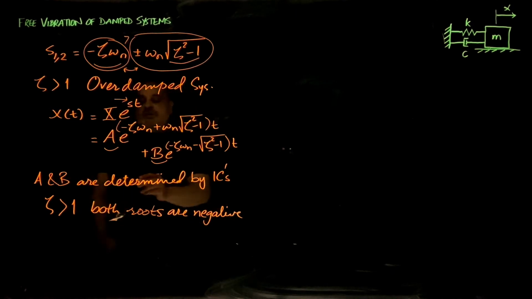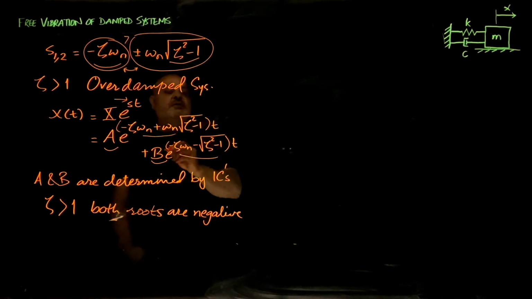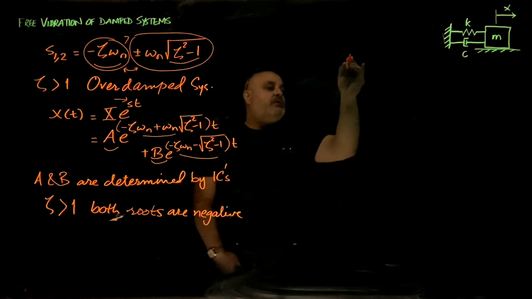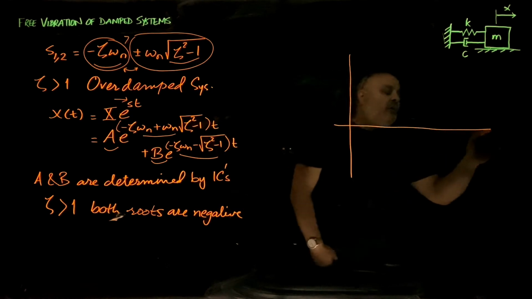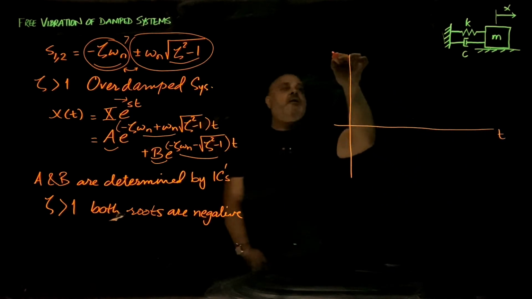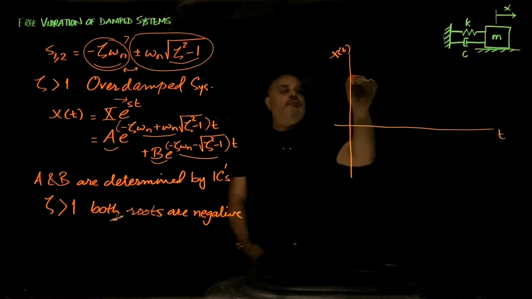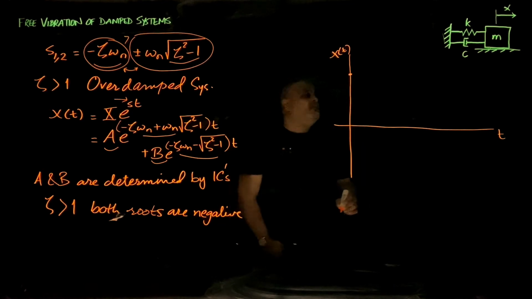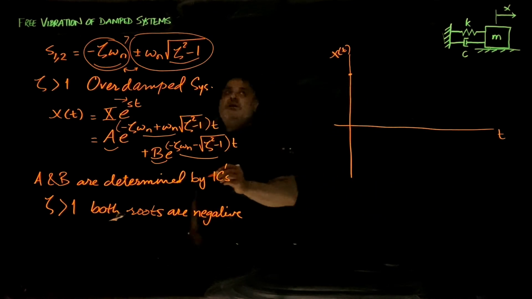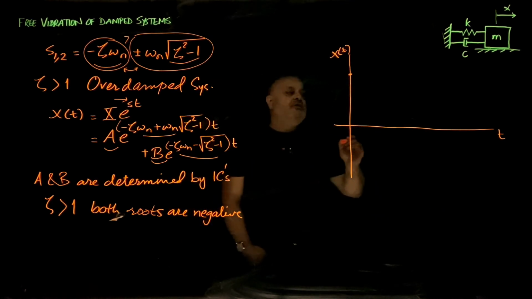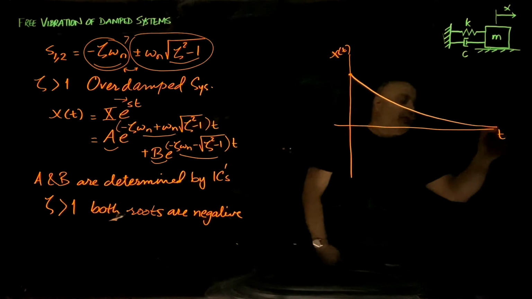So I will have e to the power of a negative value in both cases. So if I look at the response x of t as a function of time t, then if I have some initial conditions at this point, the function e to the power of a negative value is an exponential function decaying with time, approaching 0 at infinity.